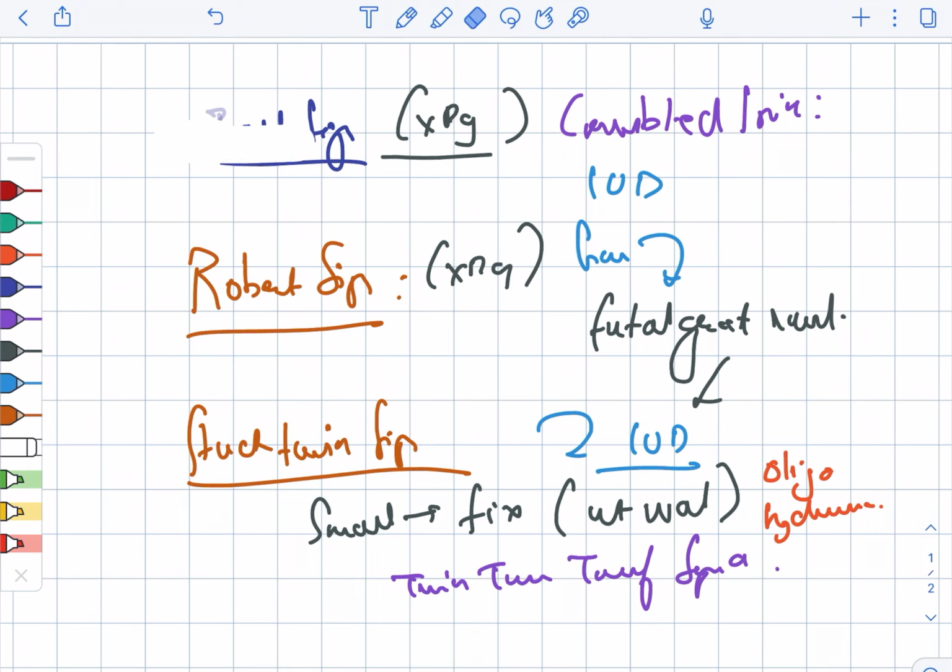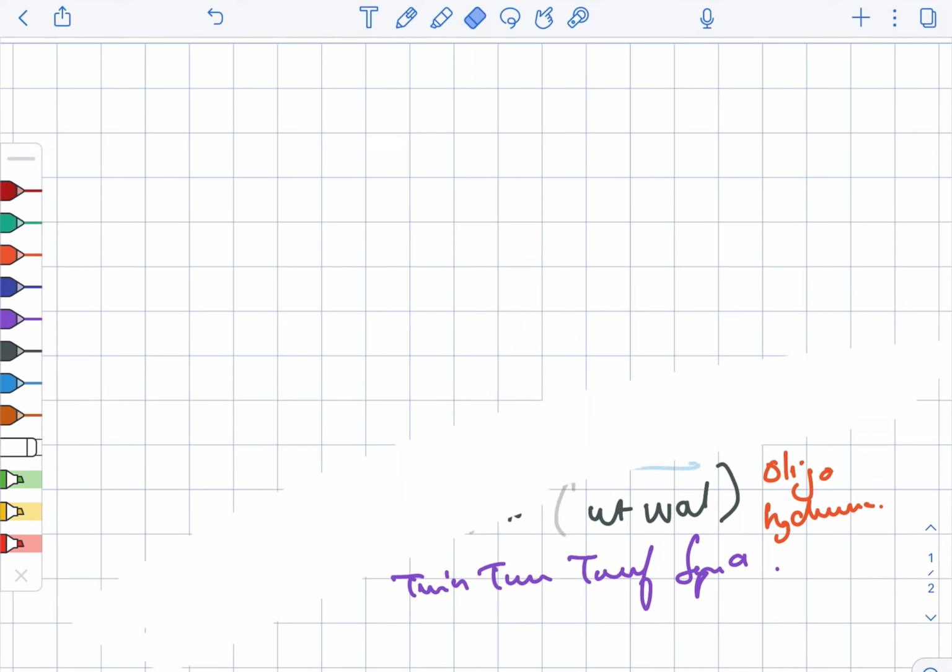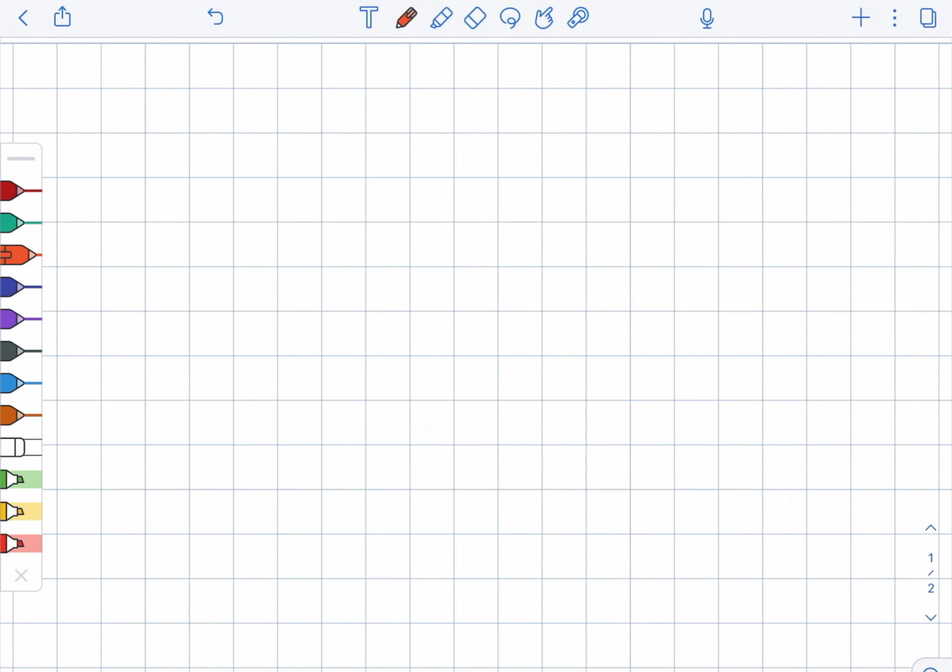And now lastly, we are looking at a few more signs. The butterfly sign is seen on USG.